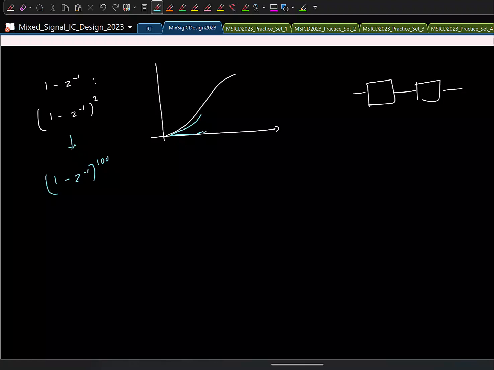The thought process is clear, right? I have first order. The first order high pass filter reduces the quantization noise within my signal band of frequencies to some extent. I want to get better. So I try to have a higher order high pass filter. The question is, why can't I keep increasing this order and get, let us say, a 100th order high pass filter and do it?